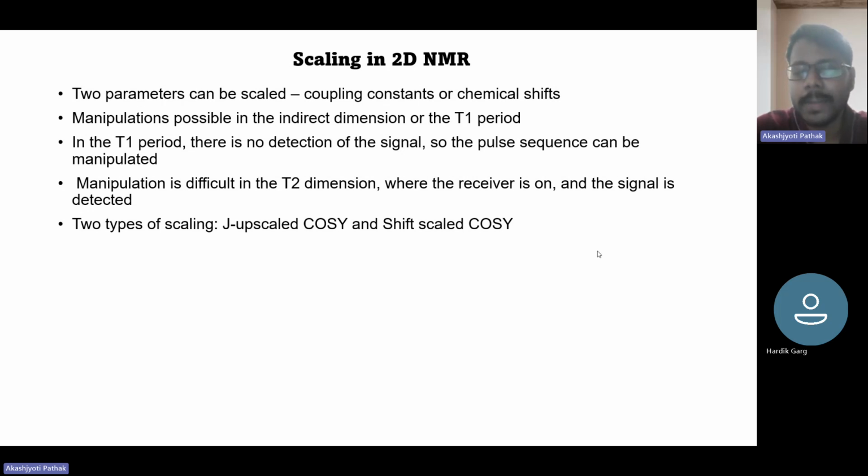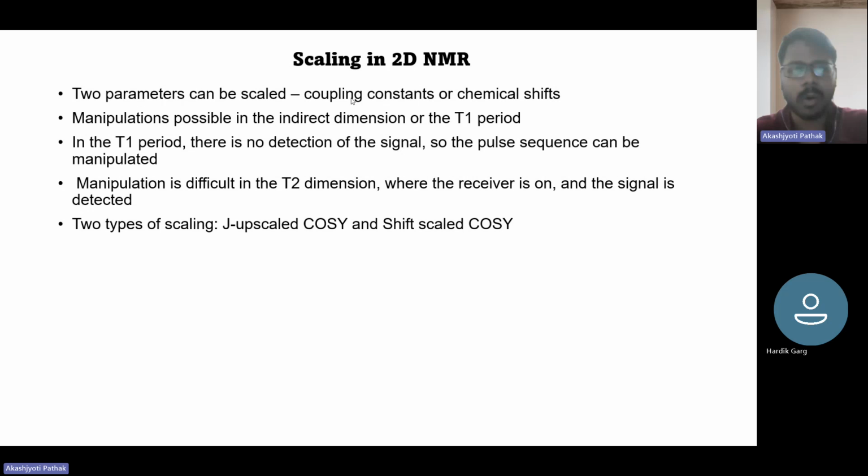One is the diagonal peak, which indicates auto correlation of a nucleus. It does not give us any information, but it is still present in any two-dimensional NMR experiment. The cross peaks are the information carriers, and they tell us whether one proton is coupled to another proton through chemical bonds.